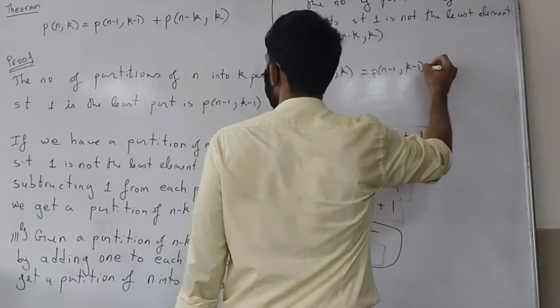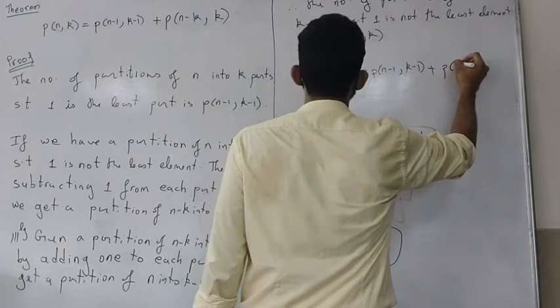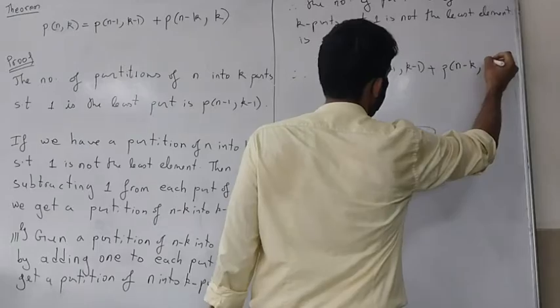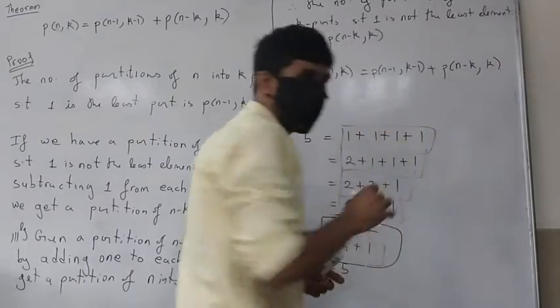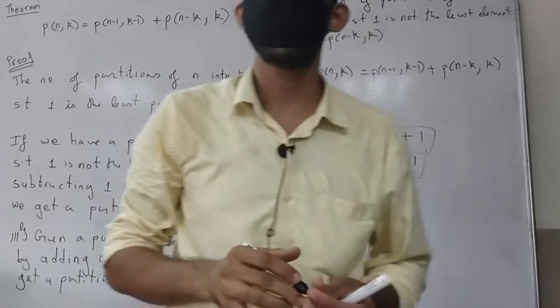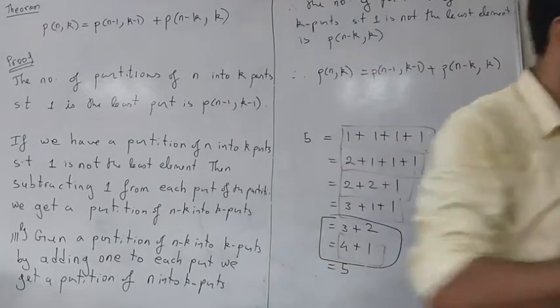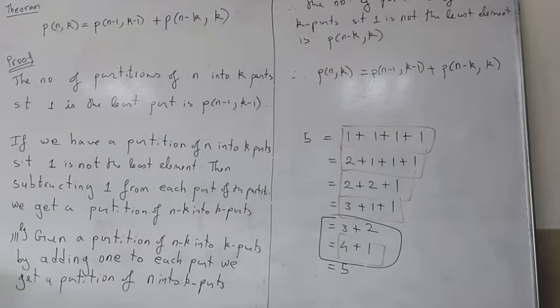Of course, I am making the general assumption here that when k is greater than n, P(n, k) is 0. These are the general assumptions which I expect to make in all these cases. I have written that properly in the notes, so you can have a look at that.